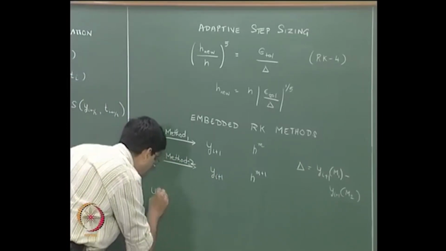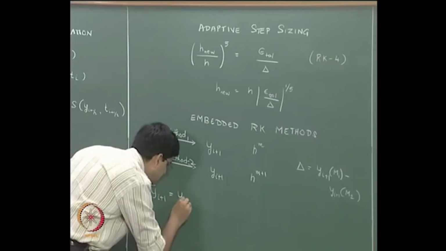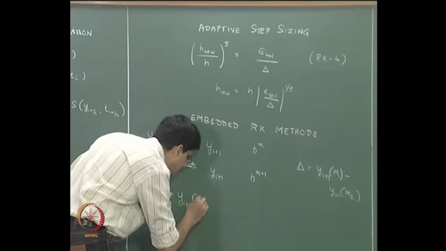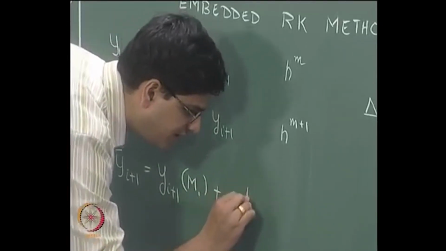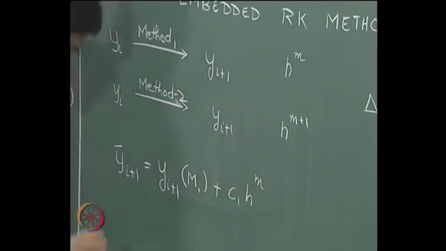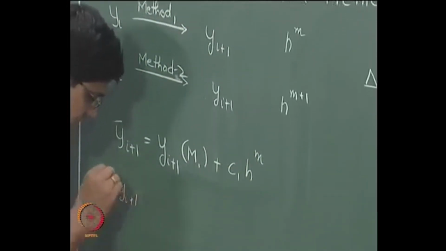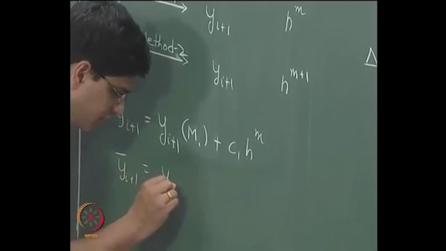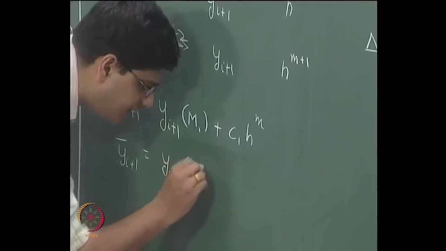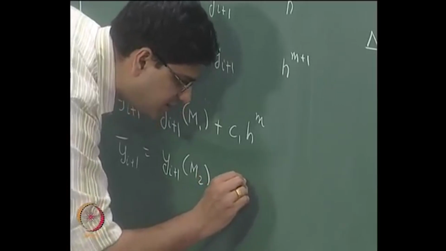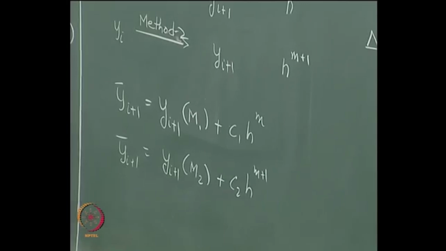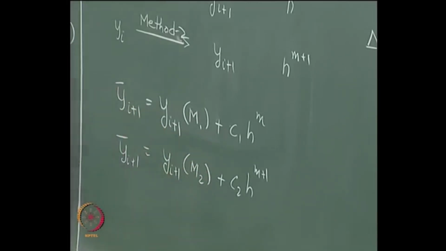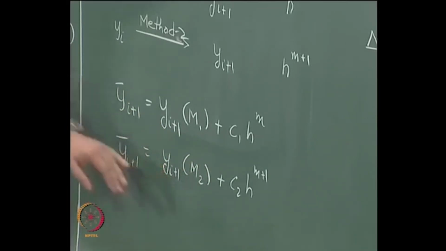The true value yi plus 1 bar is going to be equal to yi plus 1 m1 plus say C1 h to the power m, and yi plus 1, the true value over here, is going to be yi plus 1 m2 plus some other constant C2 h to the power m plus 1. Okay. Now when we subtract these two equations, let us subtract the first equation from the second equation.